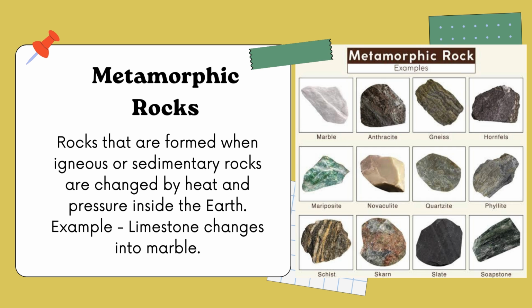It is formed due to change. So, metamorphic rocks are those rocks which were once igneous or sedimentary rocks, but changed their form. The igneous or sedimentary rocks changed their form due to heat and pressure inside the earth, and then the formation that took place and became rock is known as metamorphic rocks.